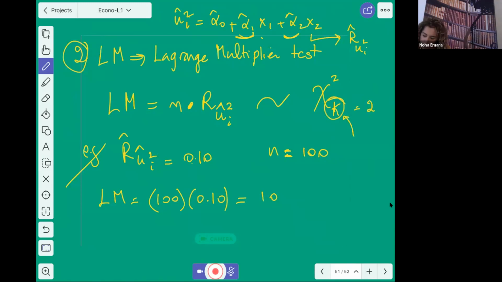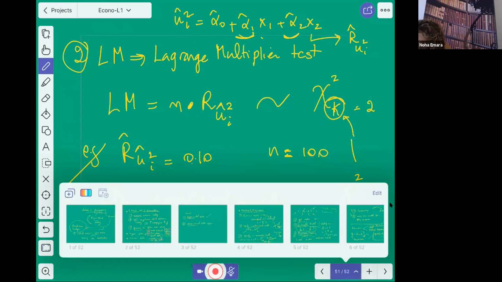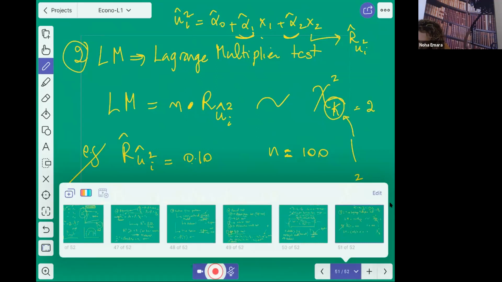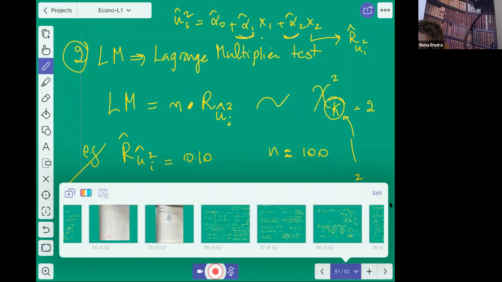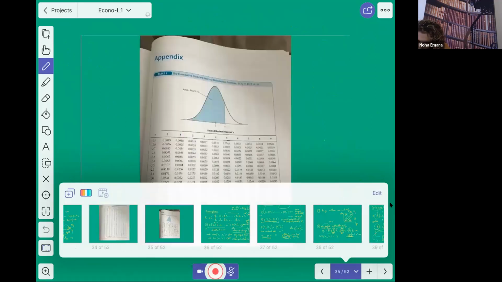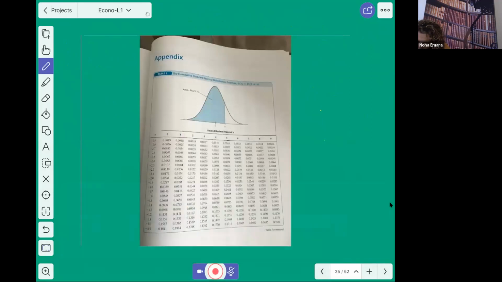So I have to go to the chi-square table and check the 2 degrees of freedom. Every time I change this k, it depends on how many coefficients I'm testing. I have the chi-square table somewhere here. I just took a picture. Is this the chi-square?